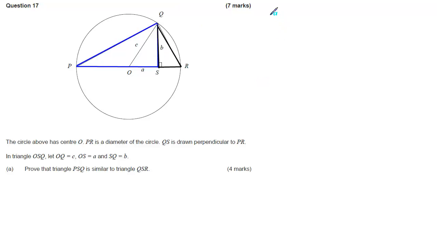So I'm going to start by saying that angle PSQ is equal to 90 degrees, and that's simply because we have angles on a straight line. Let angle QPS be equal to theta, so that's this one here.